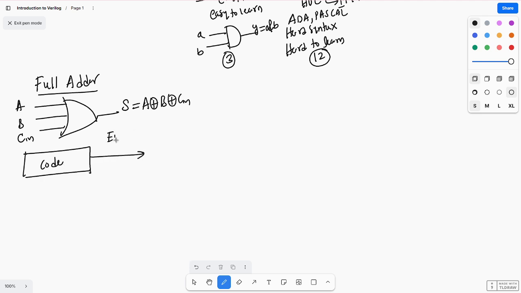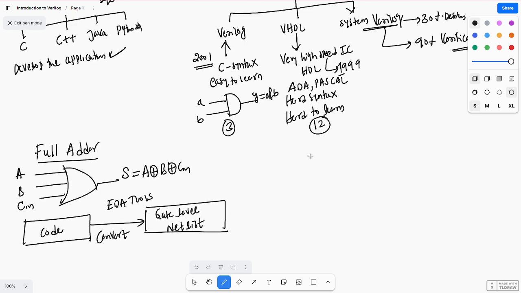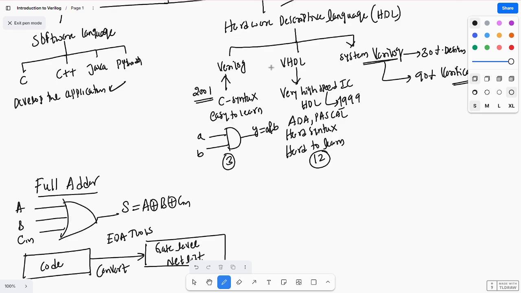EDA tools are electronic design automation tools. These EDA tools convert your code into a gate level netlist. That means the circuit is in terms of gates only. So hardware descriptive language is nothing but describing the circuits you studied in textual form.